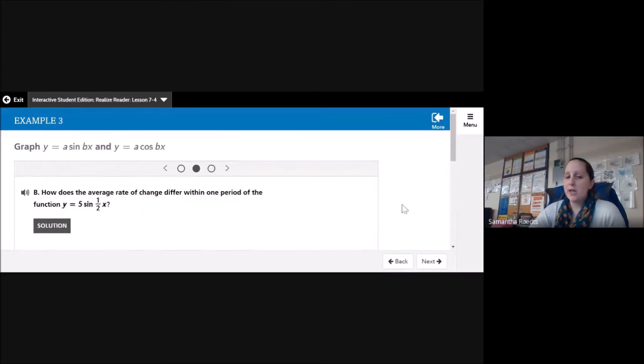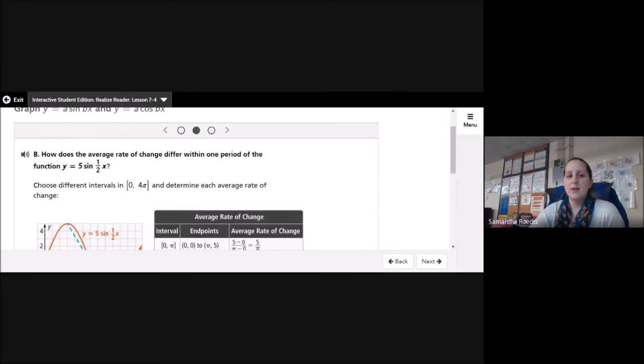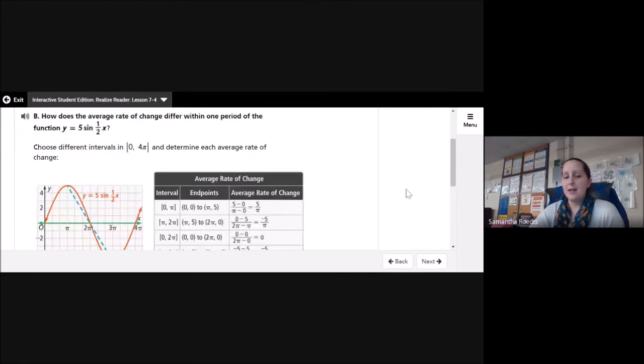How does the average rate of change differ within one period of the function y equals 5 sine 1/2 x? Choose different intervals between 0 and 4 pi. Remember that's our period, so that's one length of period. I took 2 pi divided by 1/2 to get that 4 pi. Then determine each average rate of change.